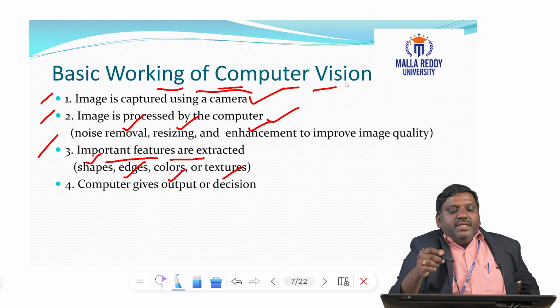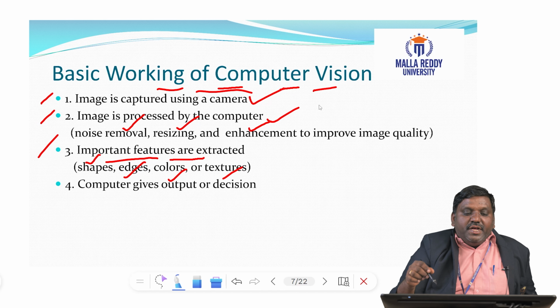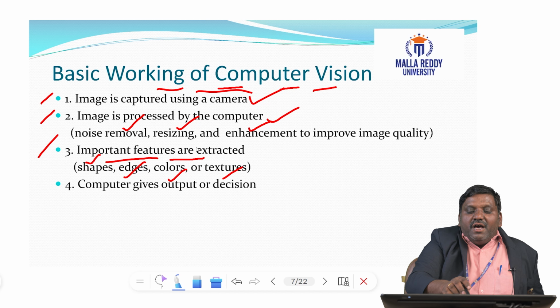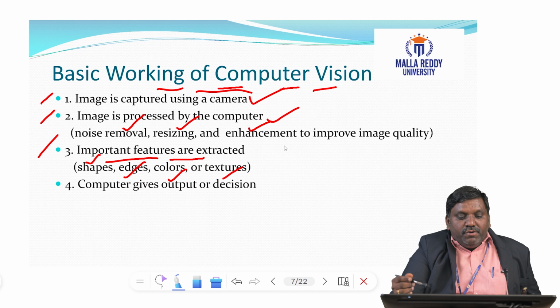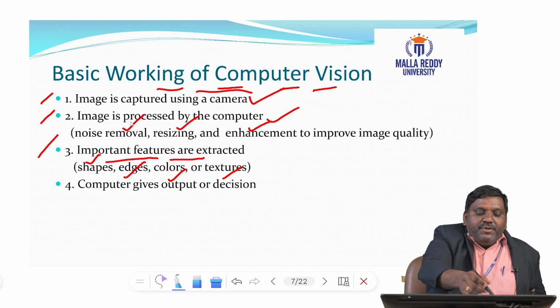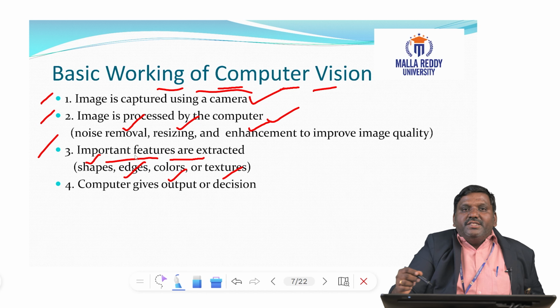Okay. First, the image is captured with the help of a camera. Next, the image is processed by the computer. In order to process that, we are using noise removal, resizing, or any enhancement algorithm. Then after processing the image, we want to extract the features from the image.